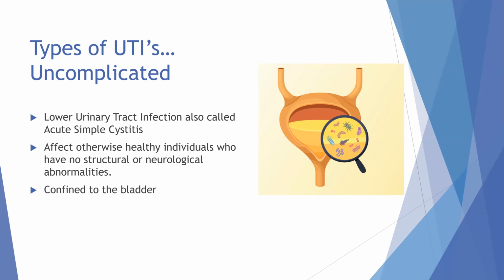So these affect pretty much anyone, right? A normally healthy individual without any structural or neurological issues. It's very, very common, and the infection is confined to the bladder and urethra. So it's just staying there where the urine is collecting in the bladder, and is typically much easier to treat.